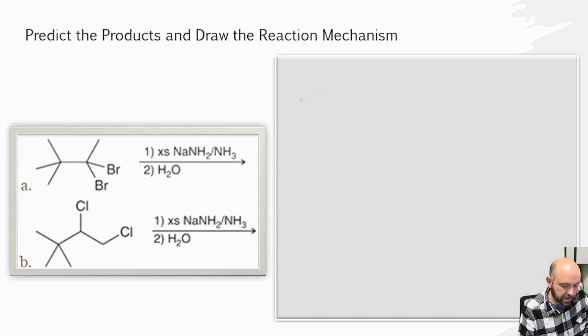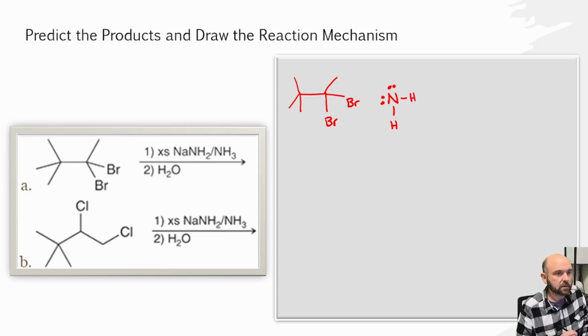So we draw our dibromo compound with two Brs. Our base is going to be the amide ion, which has that structure.